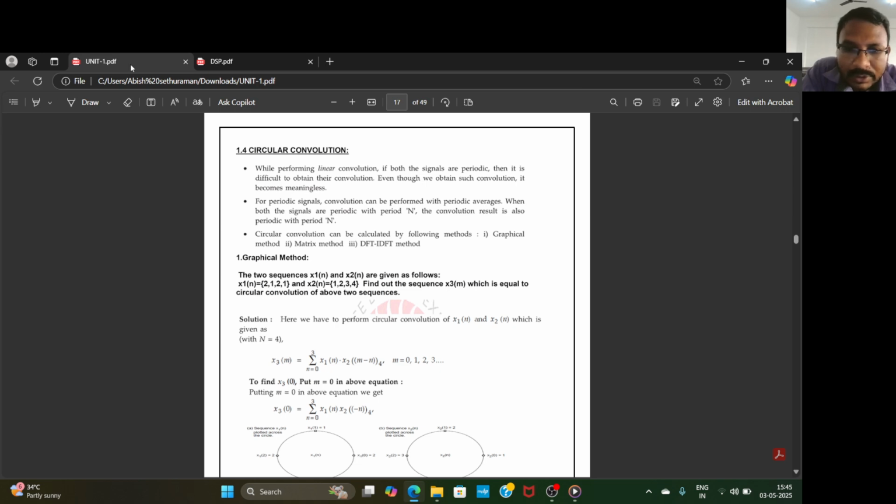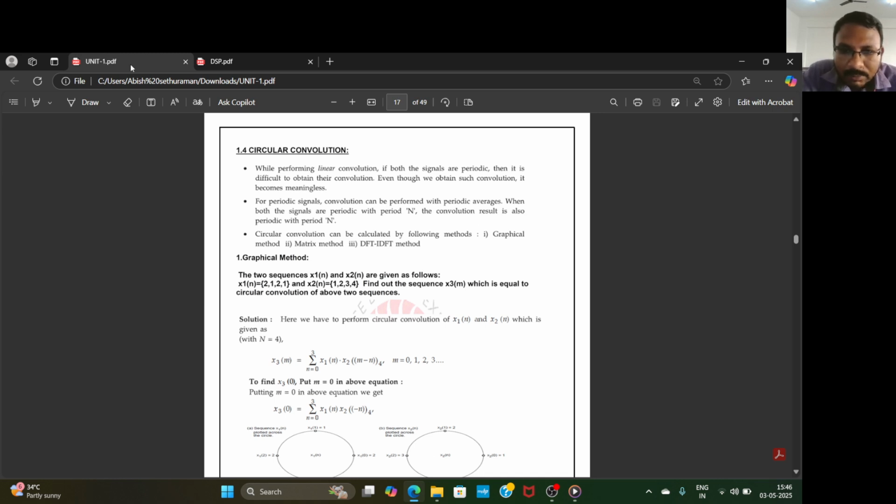Then we multiply point to point samples and perform addition, and only then do we get one output sample. Then in a similar fashion we rotate the samples, x1 of n and x2 of n, in the anti-clockwise direction. Likewise, we obtain the remaining samples.